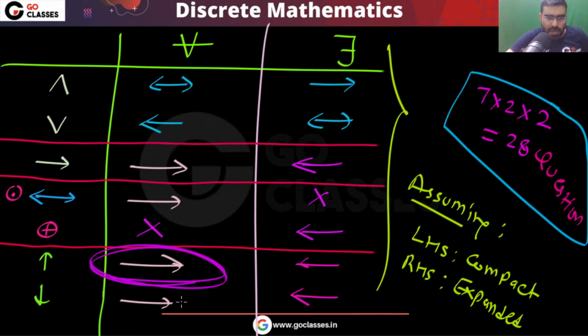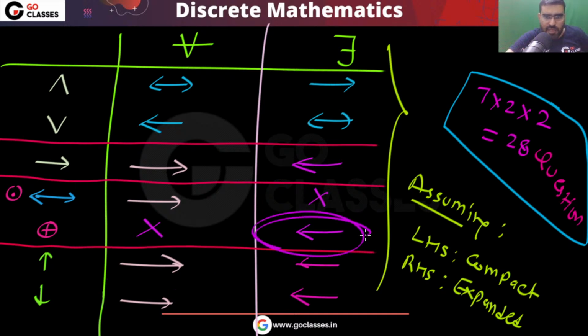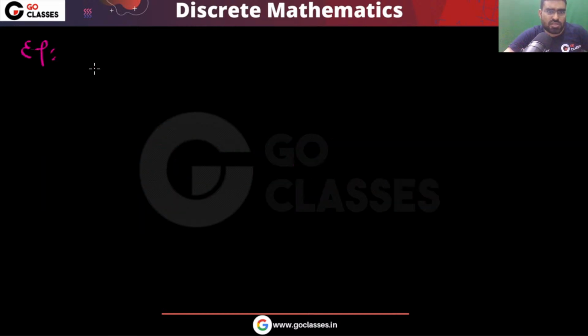This means compact to expanded. This means expanded to compact. This means both directions. This means none of the directions, neither from compact to expanded nor from expanded to compact. This means from compact to expanded. So this is my assumption: LHS is the compact expression, and RHS is the expanded expression.